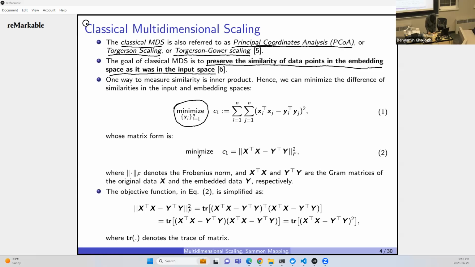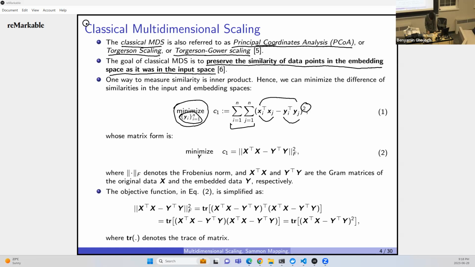So this is the similarity in the input space, X. After embedding, I call it Y. So similarity in the embedded space is Y transpose Y. So X transpose X minus Y transpose Y over all of the points, this is a squared difference, right? It should be minimized. What are the optimization variables? The embeddings themselves, the Y's, right?